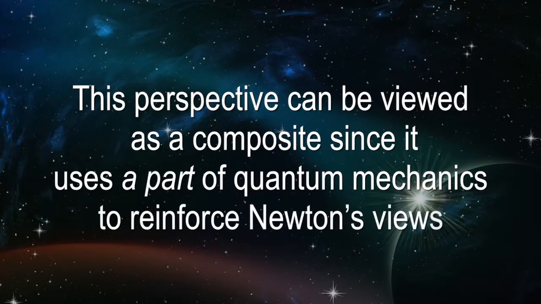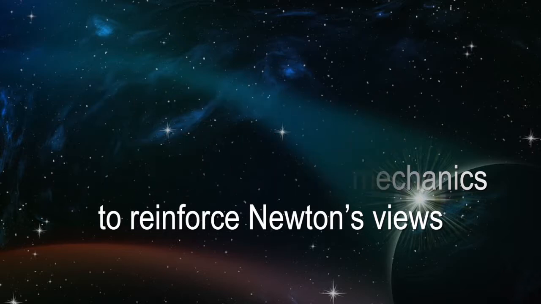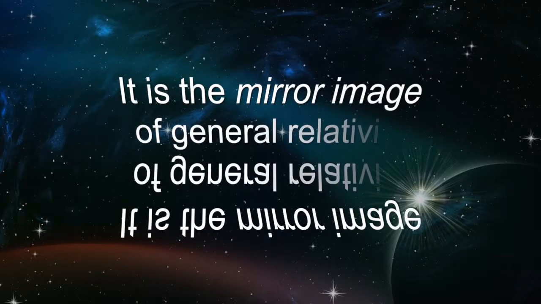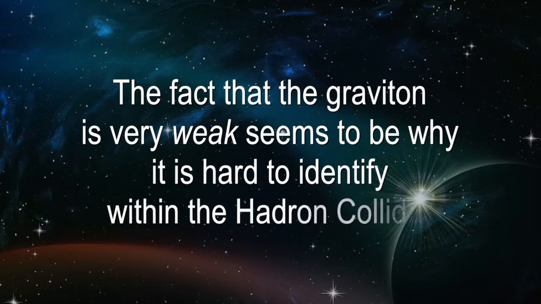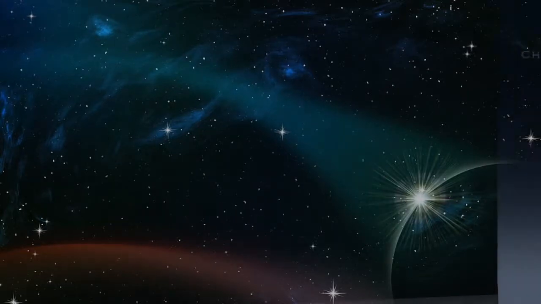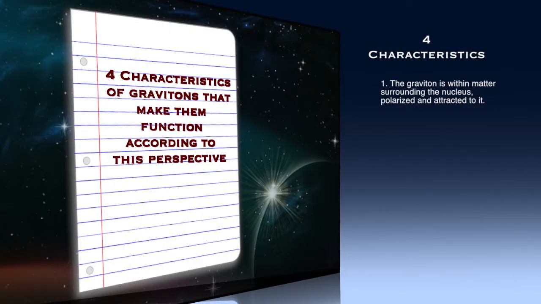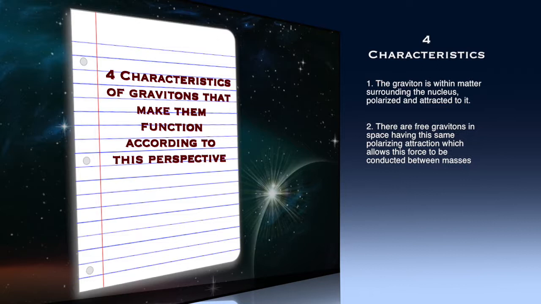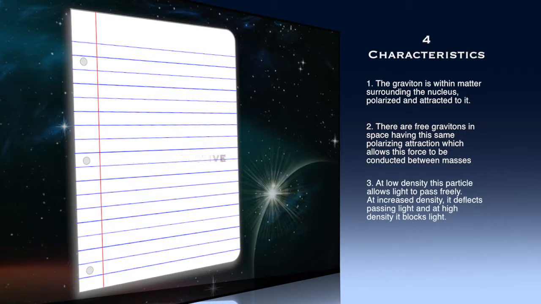This perspective can be viewed as a composite, since it uses a part of quantum mechanics to reinforce Newton's views, and it is the mirror image of general relativity. The fact that the graviton is very weak seems to be why it is hard to identify within the Hadron Collider. Here are 4 characteristics of gravitons that make them function according to this perspective.